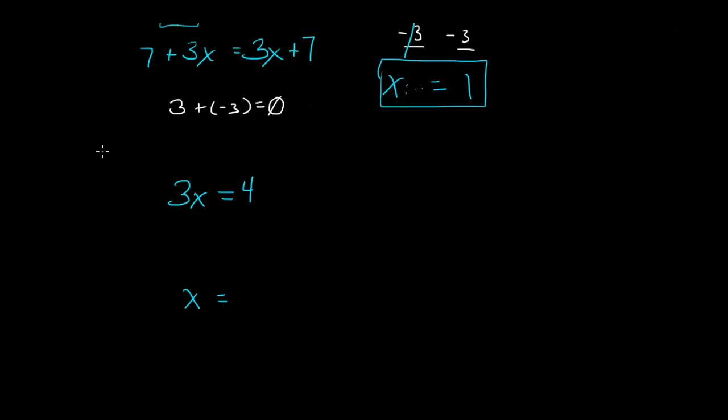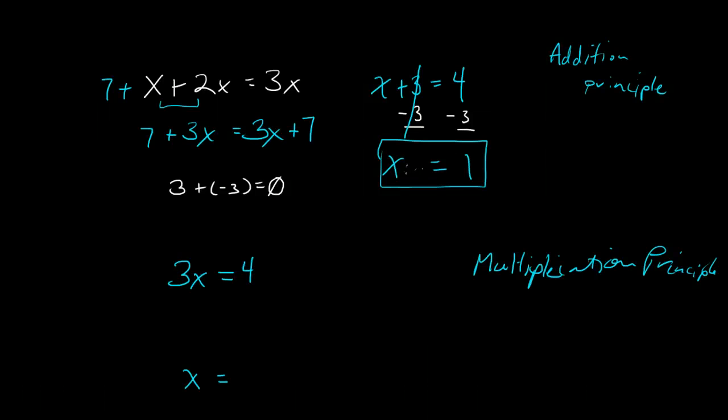In this case, it looks like we will have a rational number. Now, since this has 3 times x, we will use what your book calls the multiplication principle. And the multiplication principle works essentially like the addition principle.